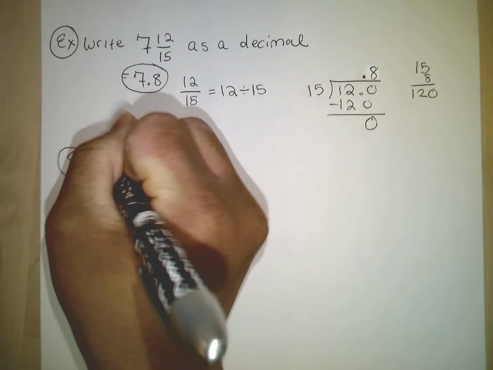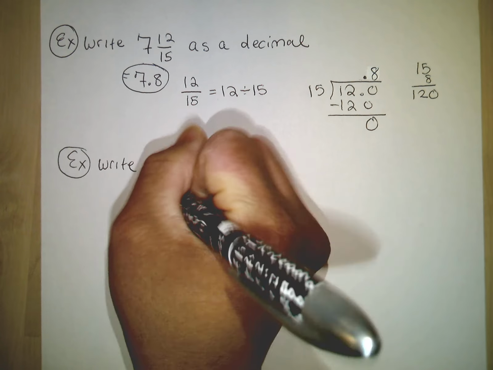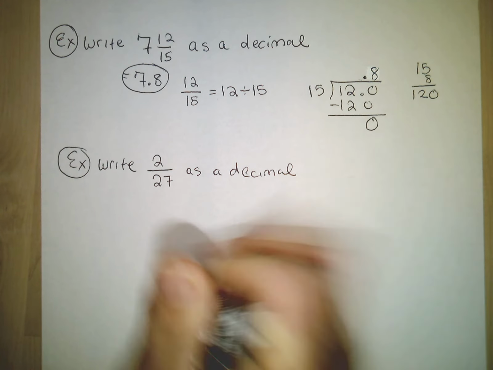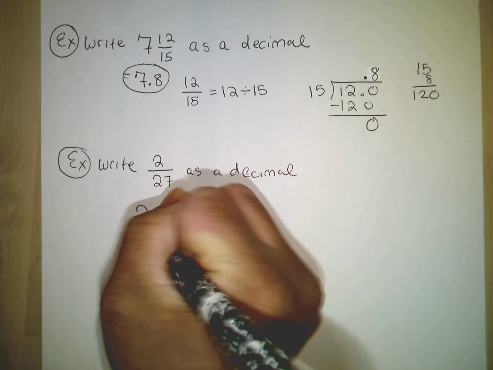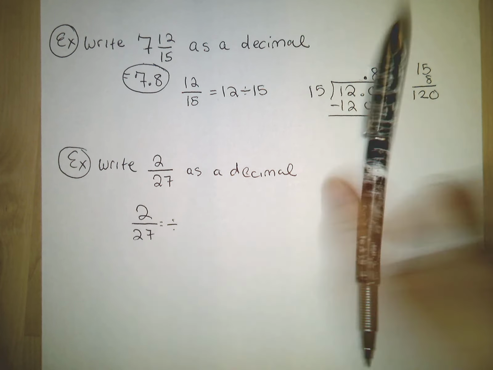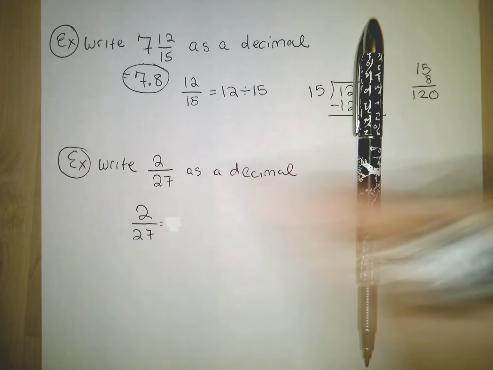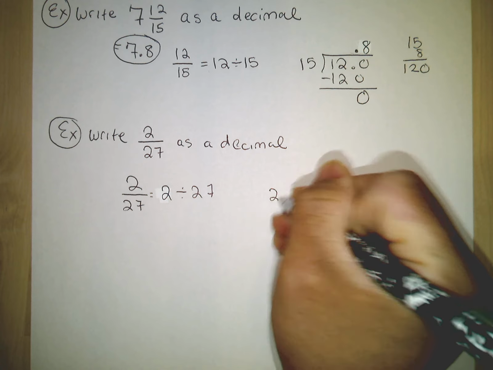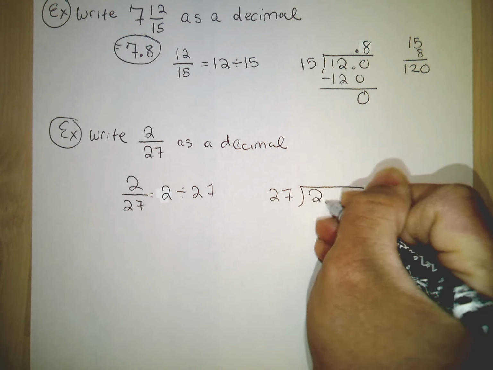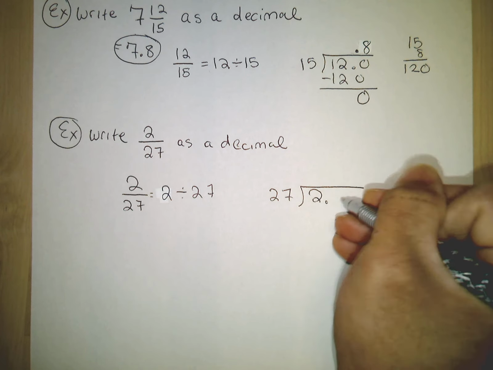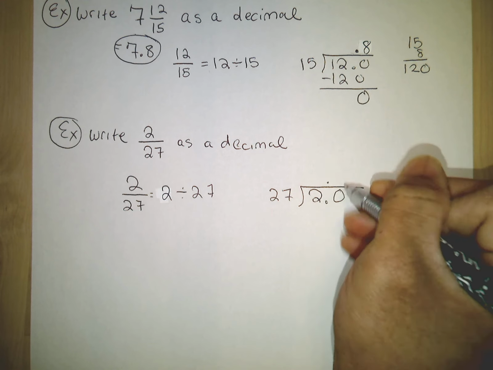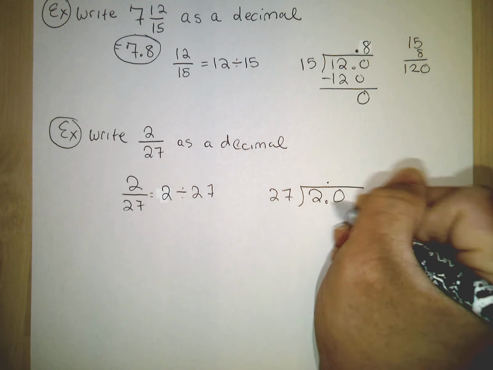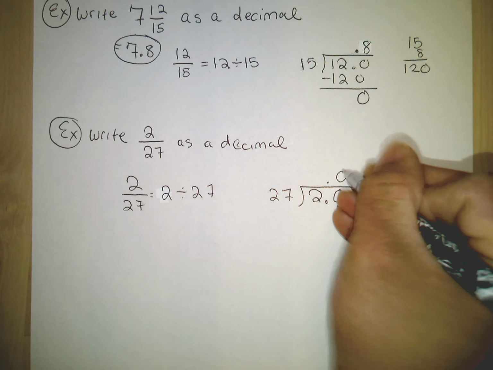Let's write 2 over 27 as a decimal. So 2 over 27 is equal to 2 divided by 27. How many times does 27 go into 2? Well, it doesn't, so that would be 2.0, and 27 doesn't go into 20 either, so that's 0 times.